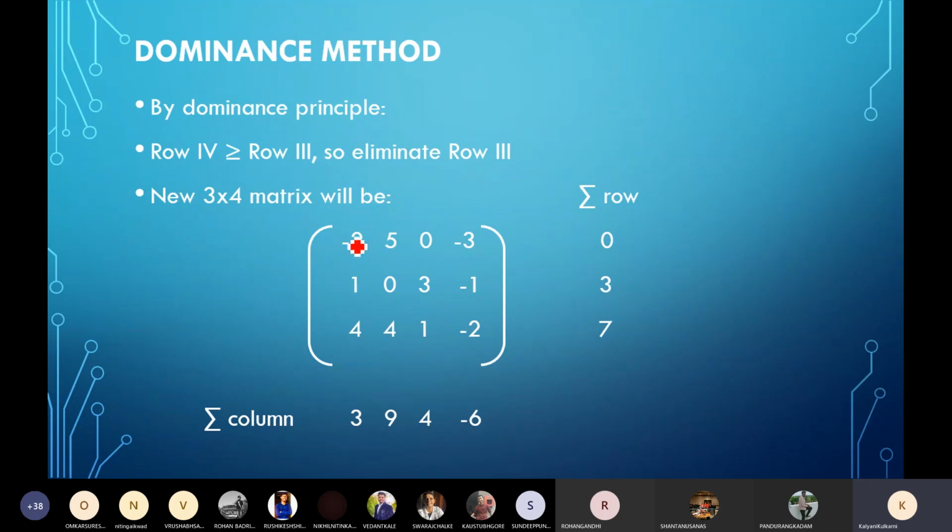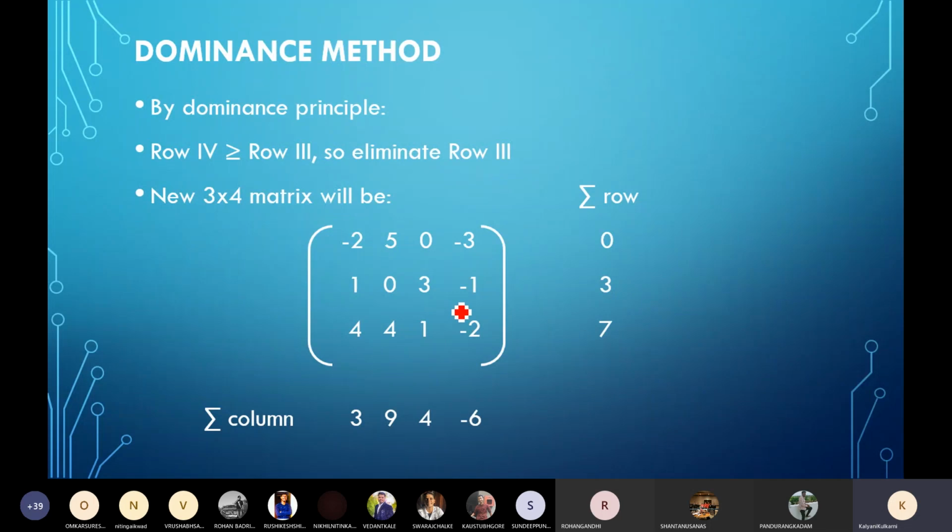The column values will now change because we have removed a row. So 4 minus 2 is 2, 2 plus 1 is 3. Then 9 plus 5 plus 4, 9, 3 plus 1 is 4, and minus 3, minus 1, minus 2 is minus 6. Now for this 3 by 4 matrix, I hope all of you are with me.